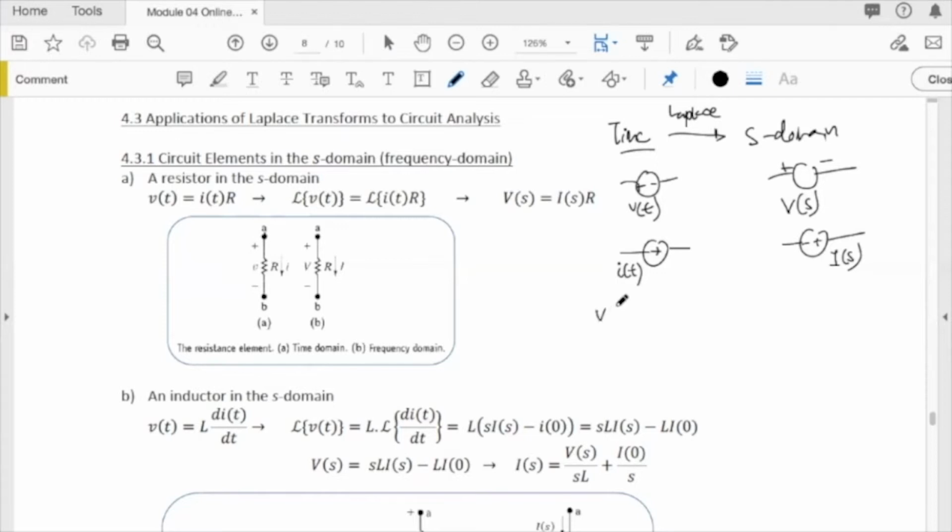So we have v(t) equal to i(t) multiplied with R. If you apply a Laplace transform, you change this time domain representation into the S domain, so it becomes V(s) equal to I(s) times R, and remember that R you can treat as a constant, so it will remain the same value. So you can see that the resistor in the time domain works exactly as the resistor in the S domain.